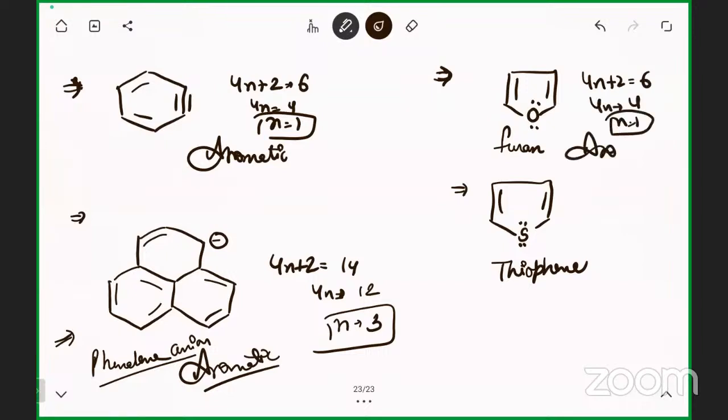Aromatic. Okay, thiophene. Again, 4n plus 2 is equal to 6 electron system, 4n is equal to 4. Again, this is aromatic. Very good.